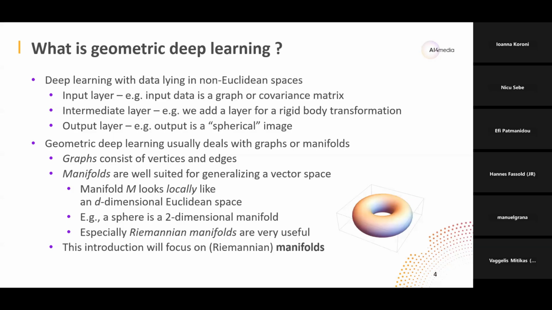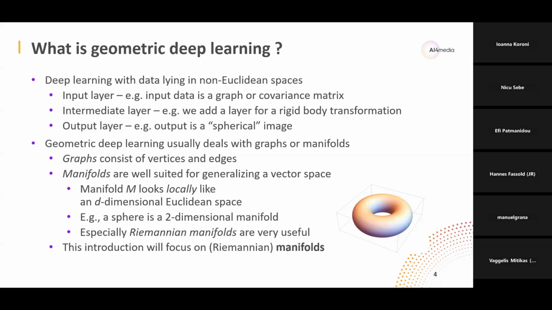Also the torus here at the right side is a two-dimensional manifold, because locally you can approximate it with a two-dimensional plane, of course. Especially the Riemannian manifolds are very useful because the main advantage is that you have distances there.